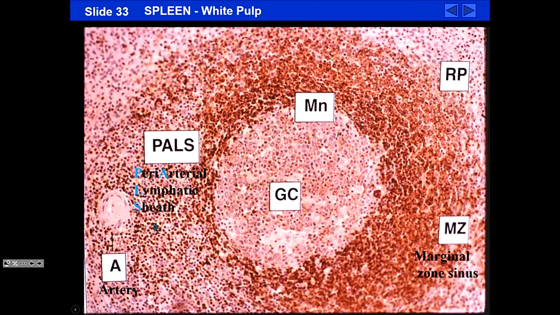Okay, so here's our central arteriole. Again, it's not central, okay? Here's our marginal zone sinus. It will circumscribe this piece of white pulp out here. So right around the PALS we will have T cells, and elsewhere in the rest of this white pulp we will have predominantly B cells.